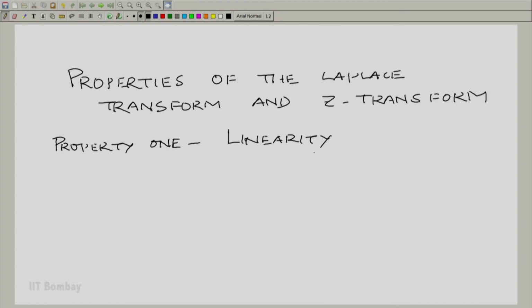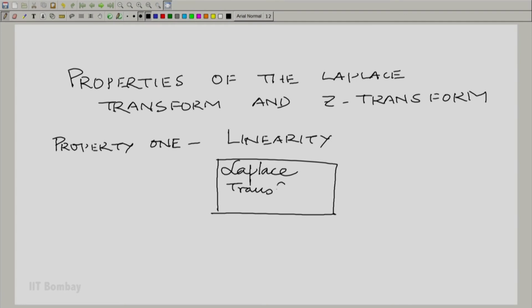Now, when we say linearity, what we really mean is, think of the Laplace transformer or the Z transformer as an operator. So, you have this machine called a Laplace transformer.